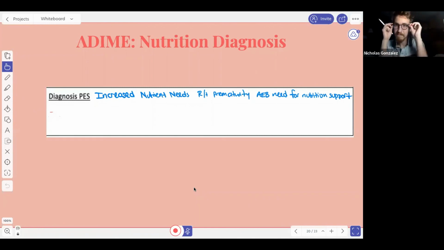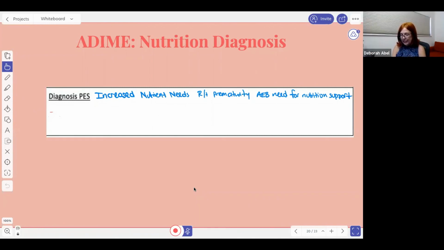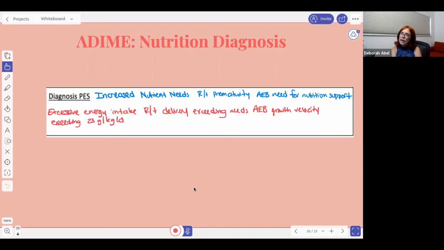Another option is excessive energy intake related to the delivery exceeding the needs, as evidenced by the growth velocity of 23 grams per kilogram per day compared to the goal of 16 grams per kilogram per day. And it's really important to put those numbers in there. They make your statement more objective versus subjective.